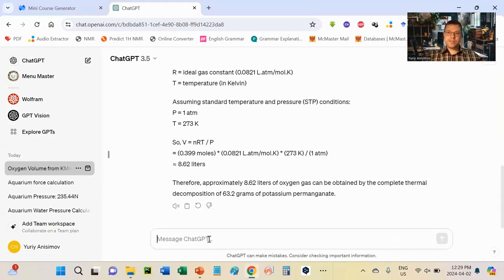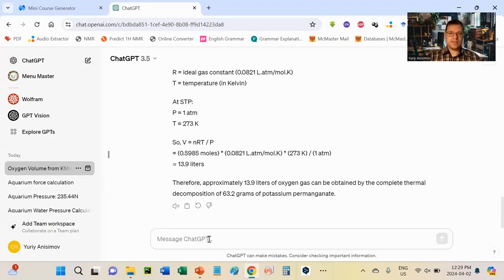Alright, let's point at the mistake and see if the 3.5 version will notice it. I will say, you mentioned 2-to-1 stoichiometry, but you didn't use it accordingly.